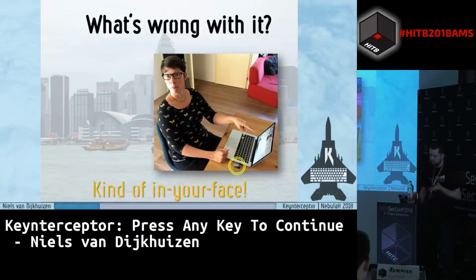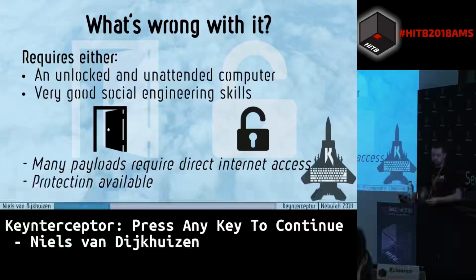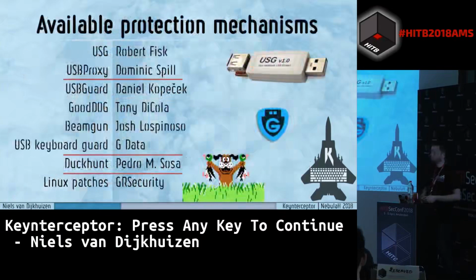So you either need to have an unlocked machine, unattended computer, or be very good in social engineering to make it a success. Next to that, many payloads require internet access, for example, to set up a reverse shell. Let's have a look at the things that could block this kind of attacks.